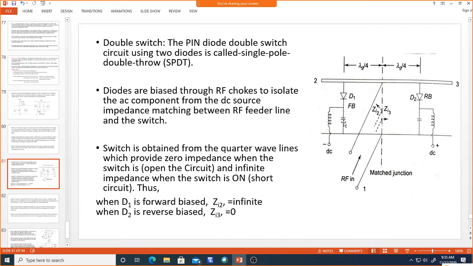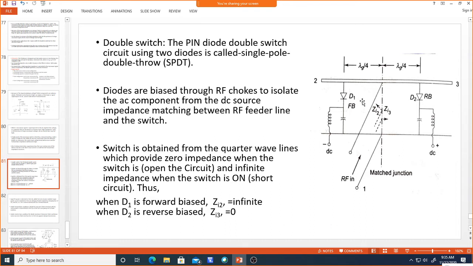The RF feeder line and the switch will be impedance matched for operation in the matching condition. The diode is biased through RF chokes, and switching is obtained from the quarter wave lines, which provide zero impedance when the switch is open circuited and infinite impedance when the switch is on.